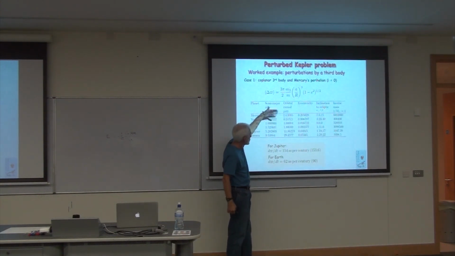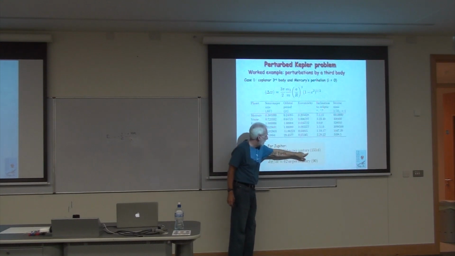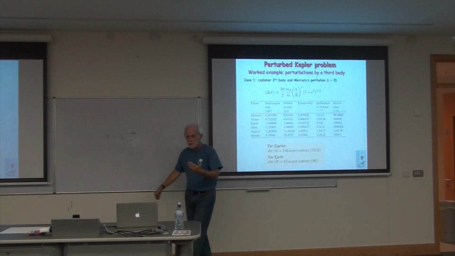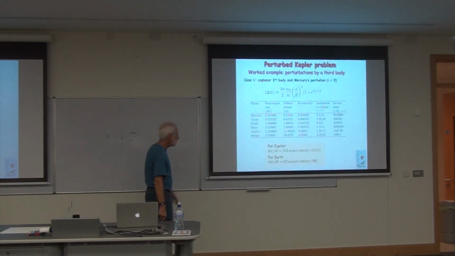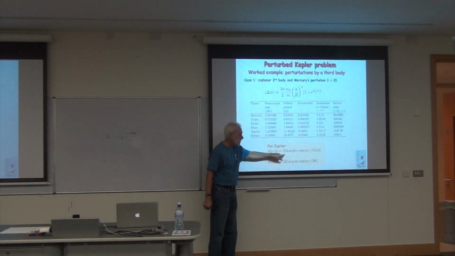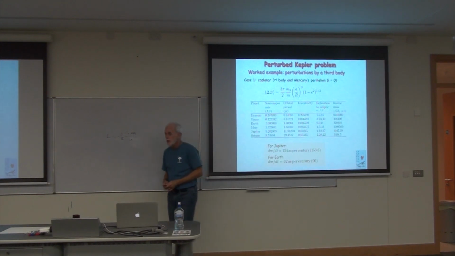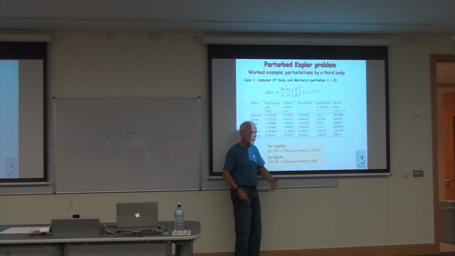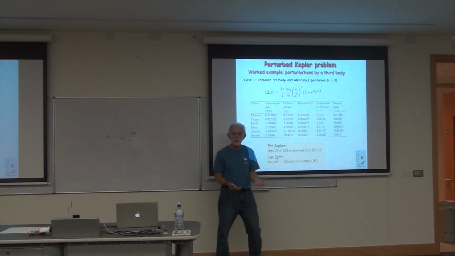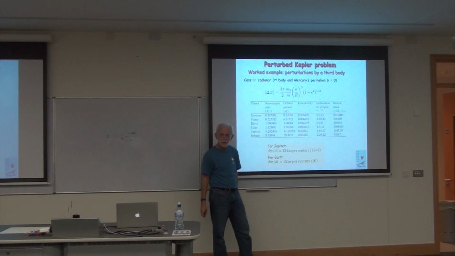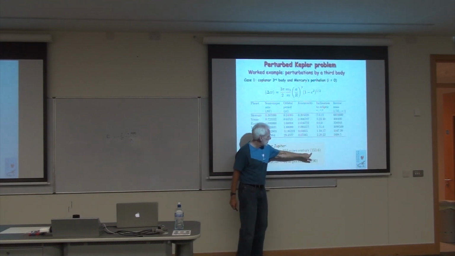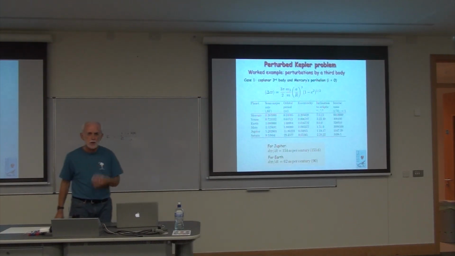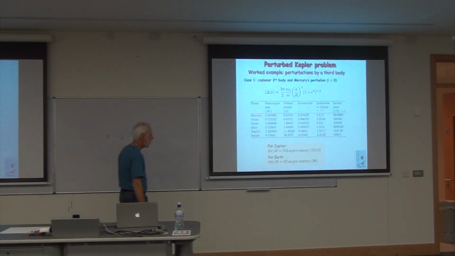To get a number that's a little easier to deal with, you multiply by 100 to get the rate per century, and you also convert it to arc seconds because that's what astronomers measure. So it turns out to be 154 arc seconds per century. And that's actually quite a good answer. The answer that you get when you really do this carefully, by putting everything on a computer and solving by strict numerical integration of the n-body equations of motion, is 153.6. So our crude approximation was actually quite good in this case.